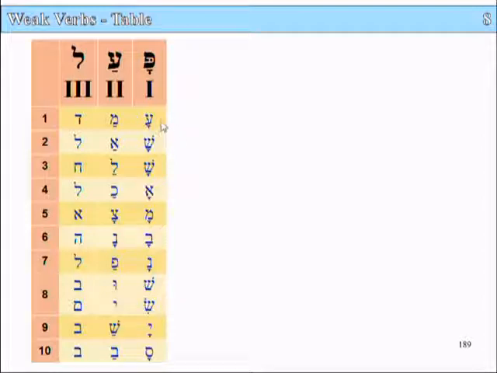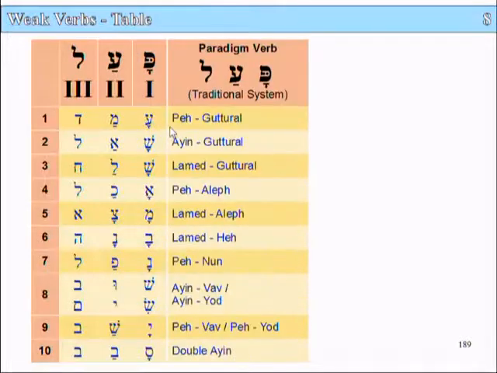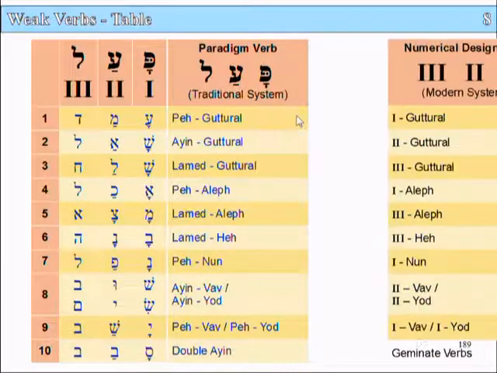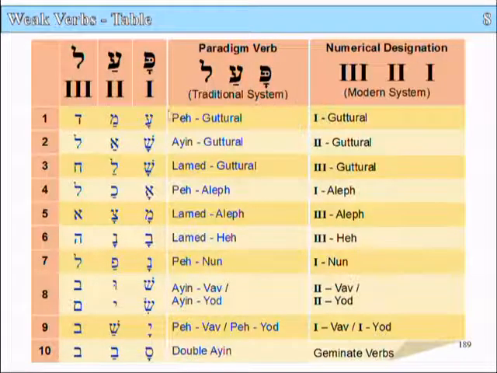The first one has a guttural in the first position, so according to this nomenclature it's called a pay guttural. In the more modern system, it's called a one guttural. So in any case, an ayin is a guttural.